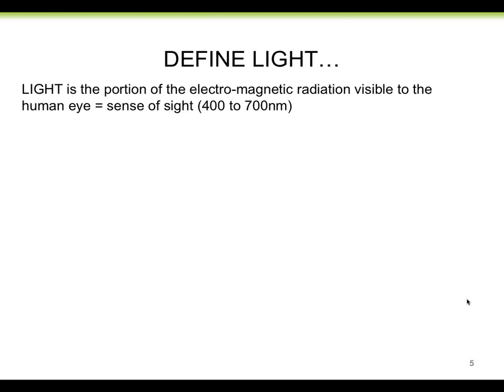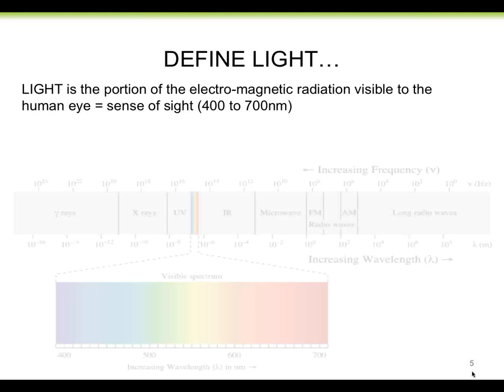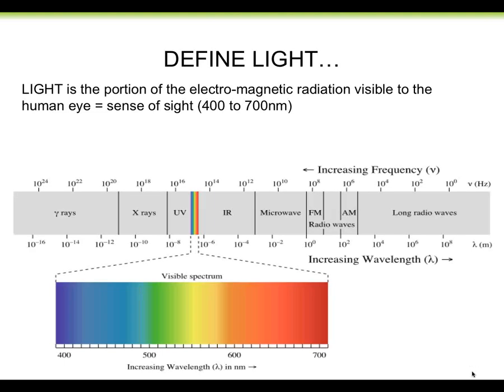And light is what we say is responsible for the sense of sight. So that's how light is described. It is one small portion of the electromagnetic radiation that humans can see basically.